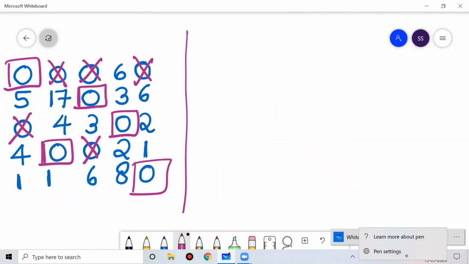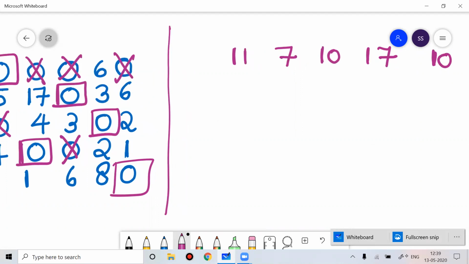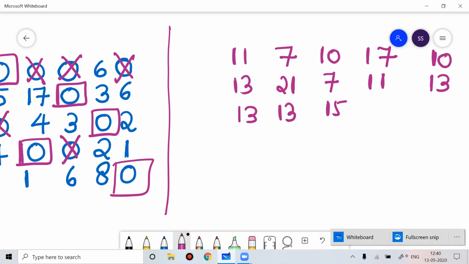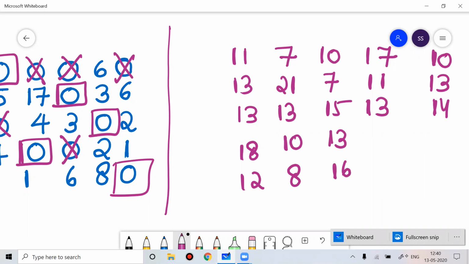So here your values were 11, 7, then 10, 17, then 10, then 13, 21, 7, 11, 13, then 15, 13, now 14, 18, 12, now 10, 8, 13, 16, 16, 19, 14, 10. This was your set of data.